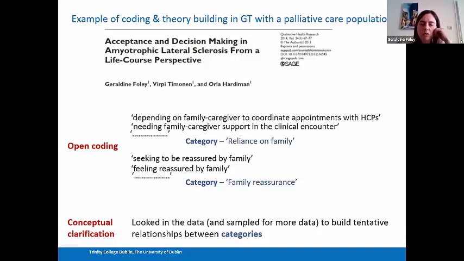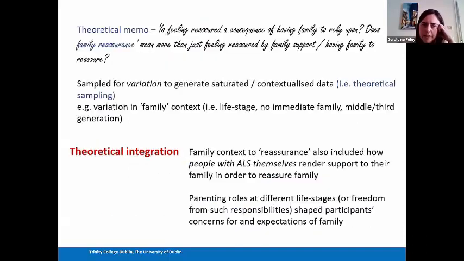As I continue to collect more data, I ask questions around that in the subsequent data collection phase. For example, a theoretical memo here would have been: is feeling reassured a consequence of having family to rely upon? Or does family reassurance mean more than just feeling reassured by family support? And this is the theorizing that the researcher does.